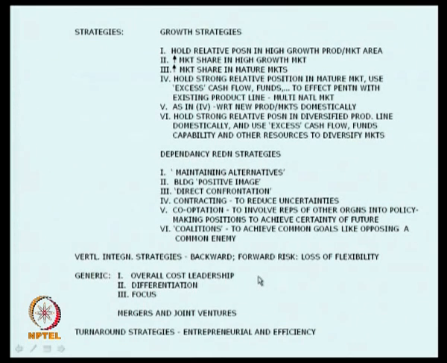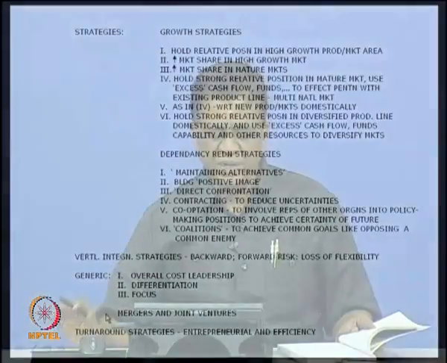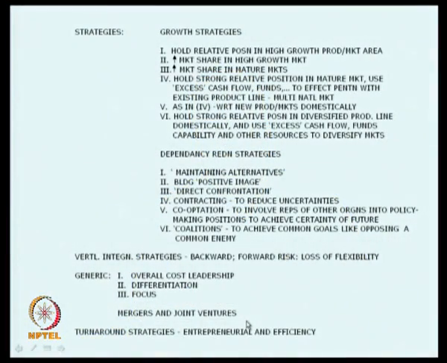The generic strategies. At this point of time, let me also tell you the person who gave these generic strategies was Michael Porter. Okay. We will go more into these generic strategies as we go along. The 5th one is mergers and joint ventures. The 6th type of strategies is what we refer to as turnaround strategies.